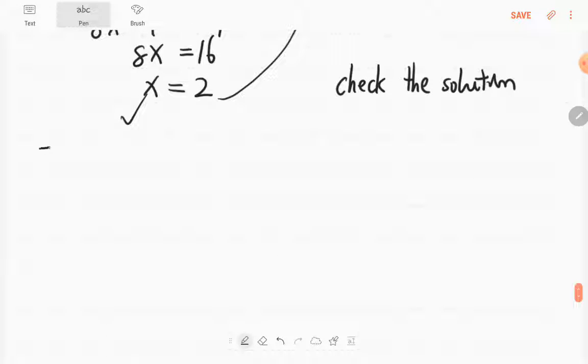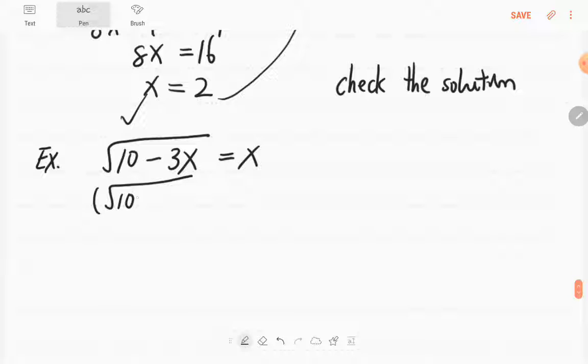Okay, so now let's look at another equation, which is the square root of 10 minus 3x equals x. So we need to raise the power. Let's square it on both sides.